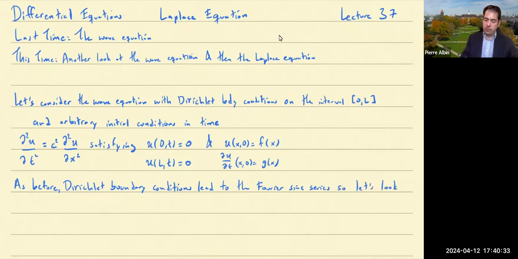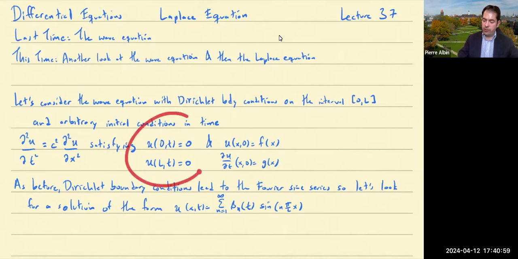So let's look for a solution of the form u of x,t equal to the sum n goes from 1 to infinity of some coefficients, beta n of t times sine of n pi over L x. By doing this, we've arranged for the boundary conditions to hold, and so we just need to think about the initial conditions and, of course, the equation.